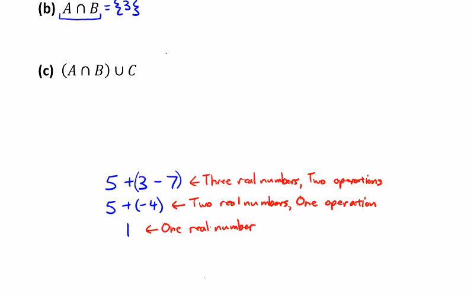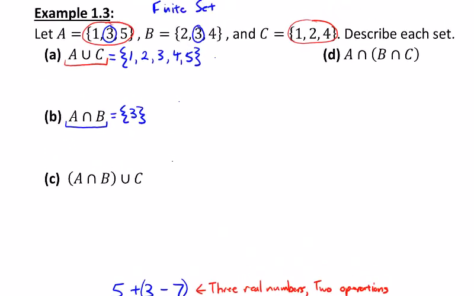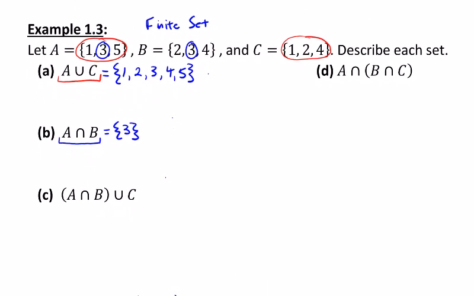So the same idea is going to apply when we're looking at sets. So looking at A intersected with B, union with C, I have to go with what's in the parentheses, that grouping symbol first. So on the previous part B, we found that A intersected with B was equivalent to 3. So I'm going to take that set of only one element, 3, and I need to union it with C now.